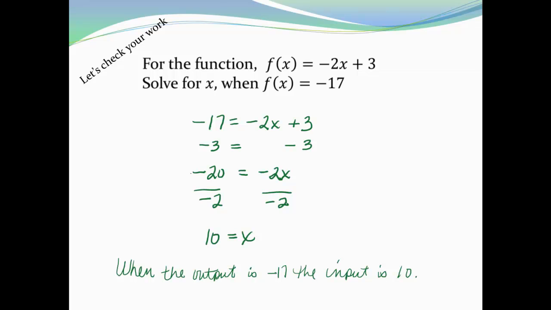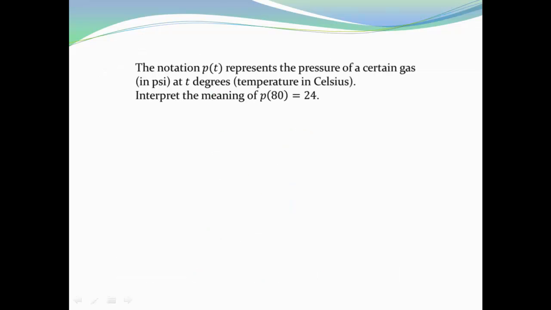Now let's look at an application. So let's say we're given that the notation P of T represents the pressure of a certain gas in psi at T degrees, and our temperature is going to be measured in Celsius. Interpret the meaning of P of 80 equal to 24.